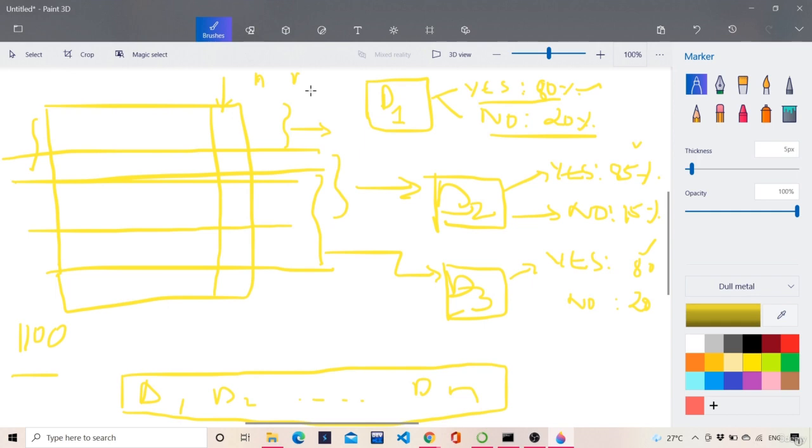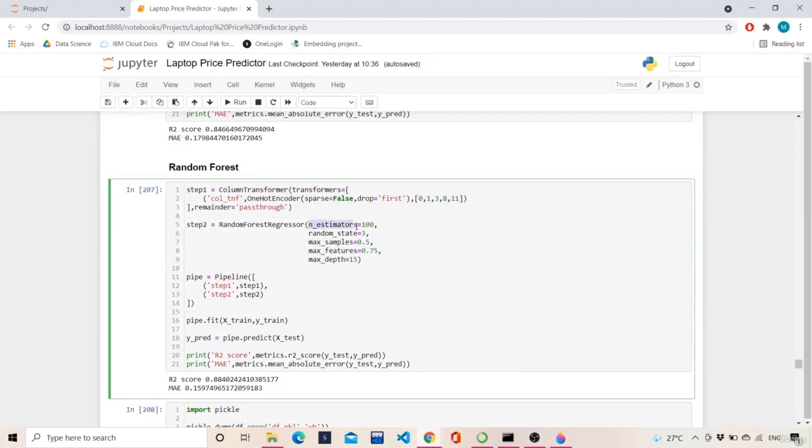I didn't go into very much detail. I just gave you the overview, and the math behind this is a little bit complicated because it uses impurity scores like Gini impurity to calculate, and there are various other parameters of decision trees which we need to tune. The number of decision trees is determined with the help of the parameter known as n_estimators.